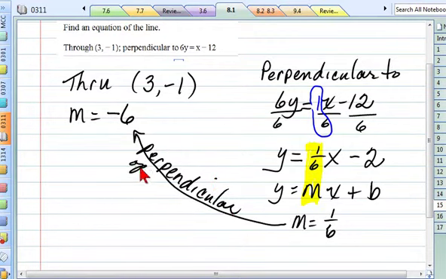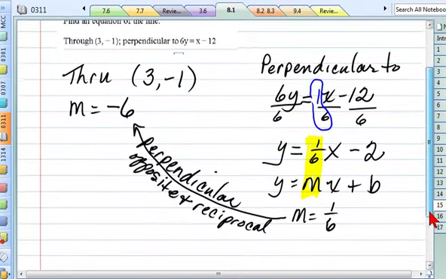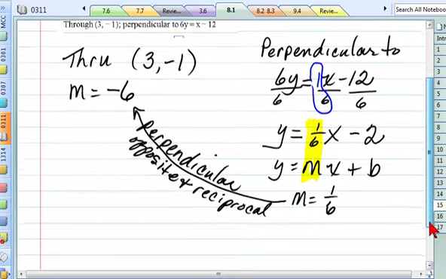That means opposite. Well, it used to be positive 1/6, and now it's negative. It also means reciprocal. Used to be 1/6, now it's 6/1. I changed its sign and I flipped it over. And I was motivated to do that because of the word perpendicular.